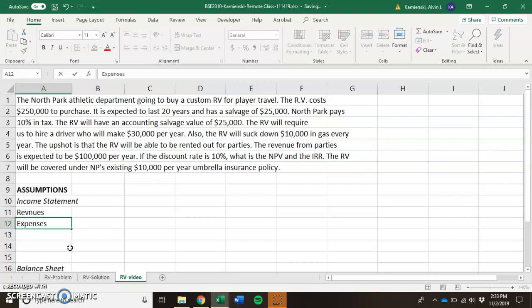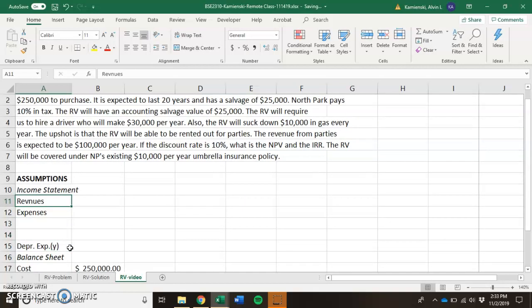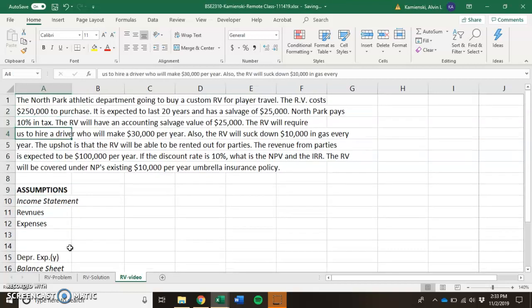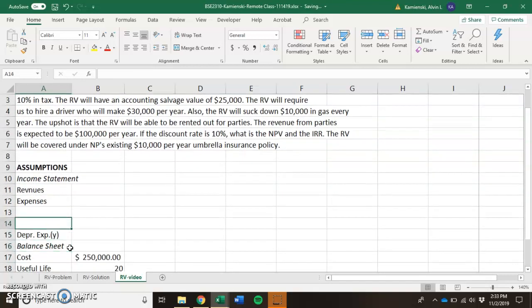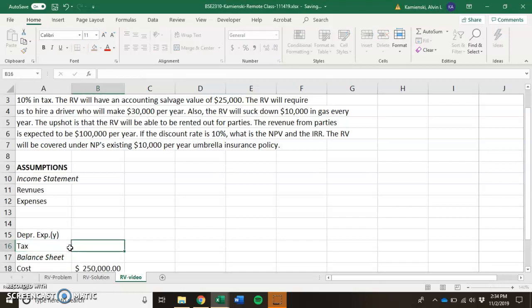expenses, of which one of those expenses we know will then be depreciation expense on a yearly basis. The RV requires us to pay 10% in tax. That would be an expense that would come after our depreciation, tax, 10%.